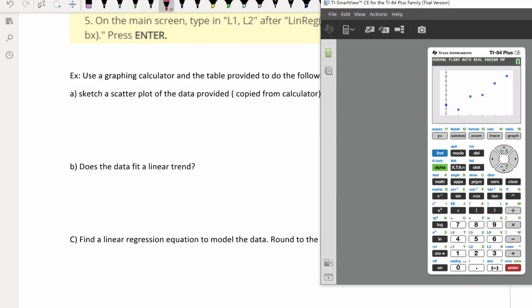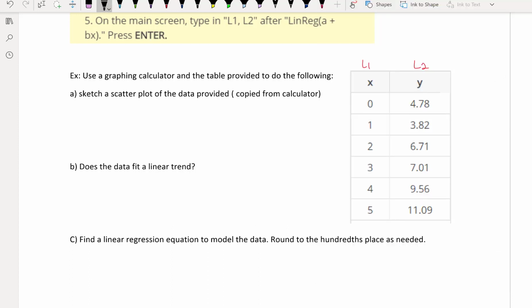So just remember, I'm going to be copying this screen onto my paper. It's not going to be exact, but that's okay. It looks like I had a box over here and another one maybe down here.